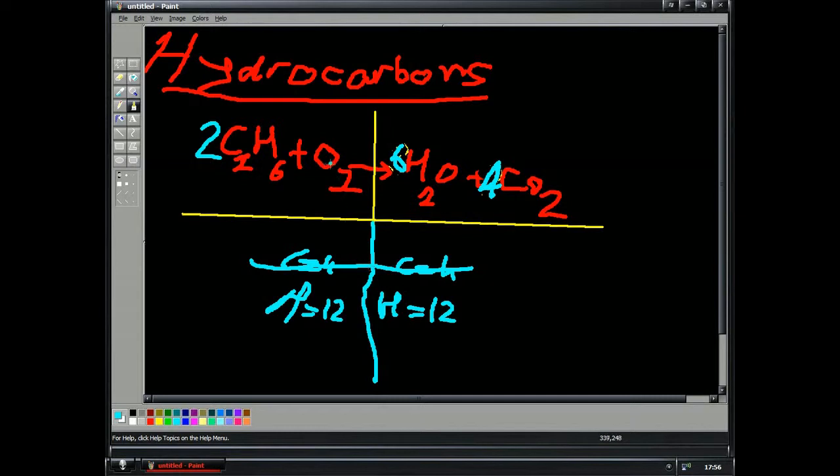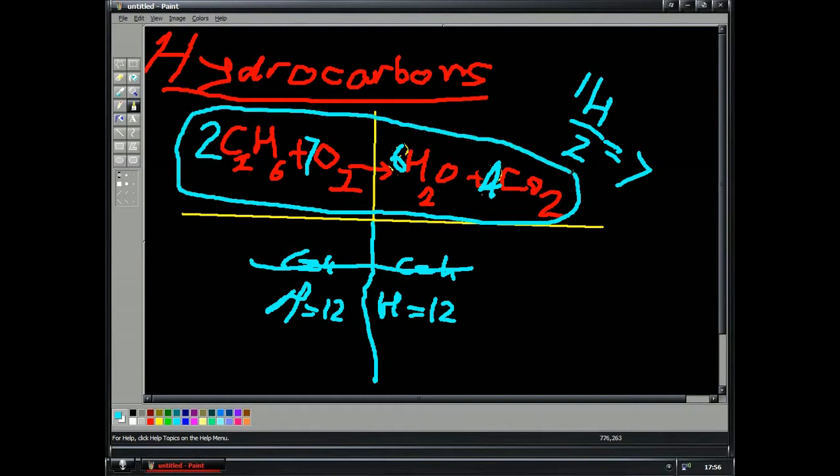Starting from the right side again, there's 6 oxygens, and then you add 8 onto it, so 6 plus 8 gives you 14. Once you have 14, you divide that by 2 because it's O2, and that gives you 7. Then you put that number in front of the O2.